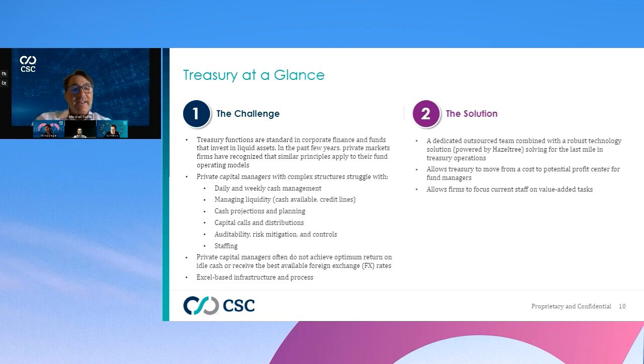So if we look at private capital managers and what they need to deal with on a daily basis, it has to do with reconciliation, it has to do with cash management. You've got liquidity, you've got projections, you've got capital calls and distributions, the auditing, the staffing, and everything around this process that has to be addressed.